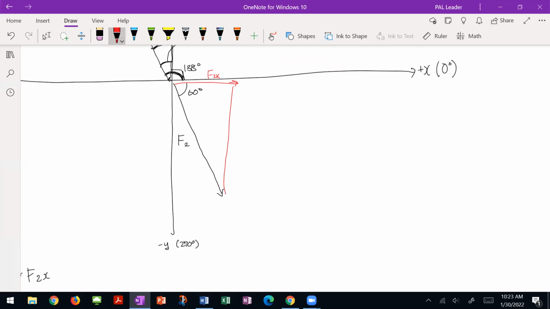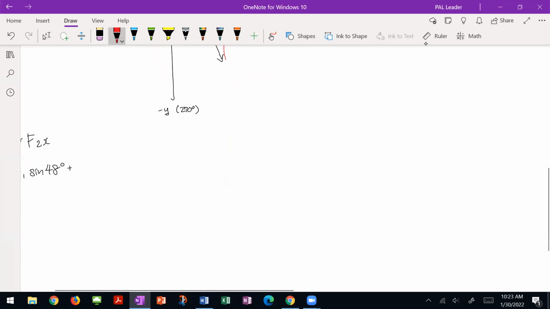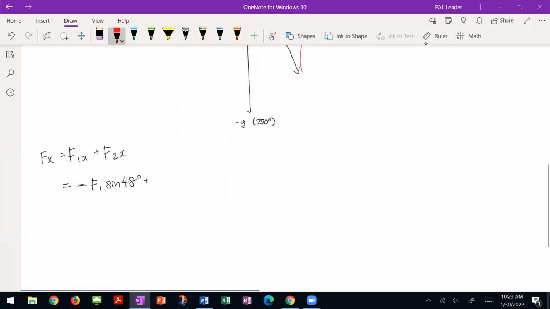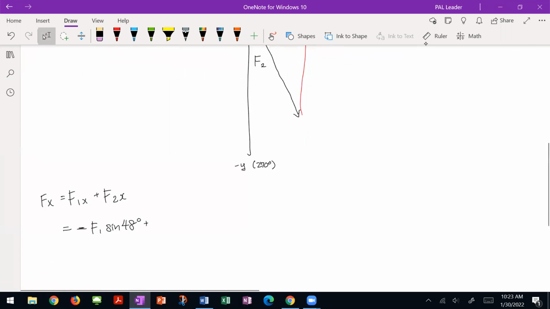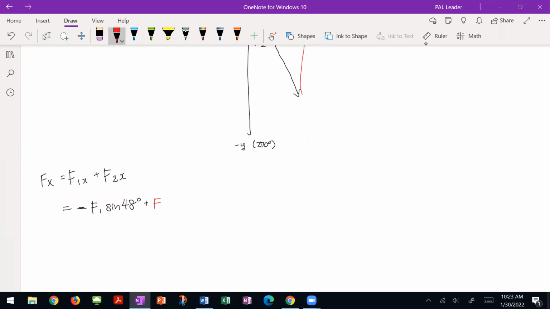We'd be using cosine, because there's the triangle, the C that goes from here to here. That's just how I think about it. So F2x would be F2 cosine 60 degrees. And this one would be positive, right? Because it's going in the positive x direction. So I don't have to worry about that. It was cosine 60 degrees.